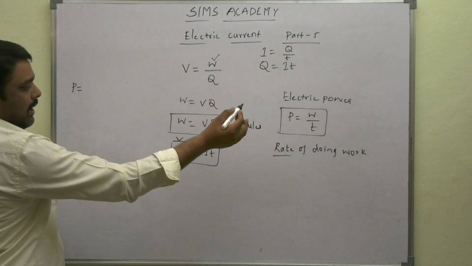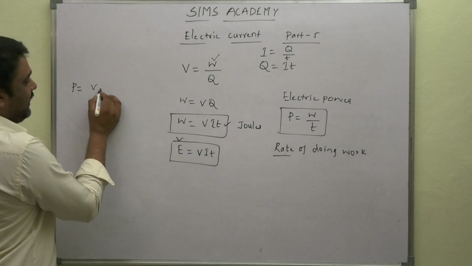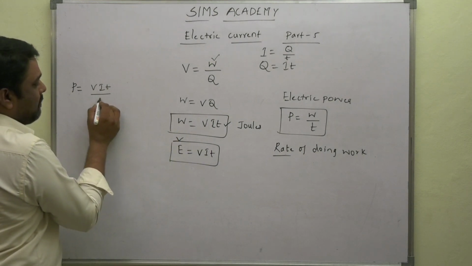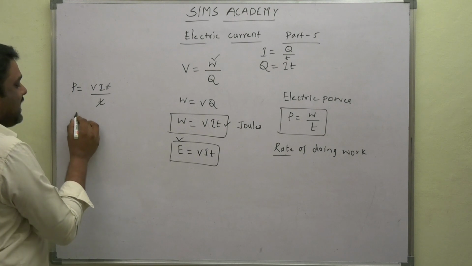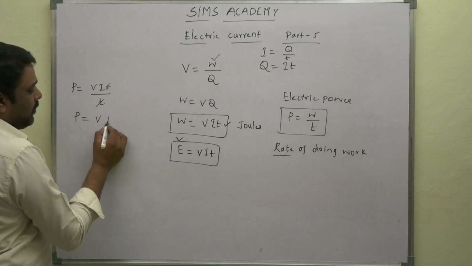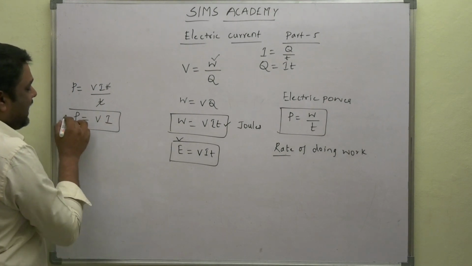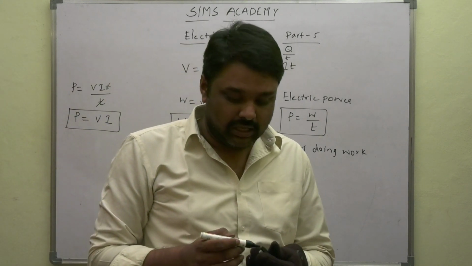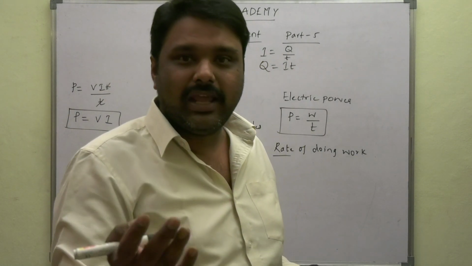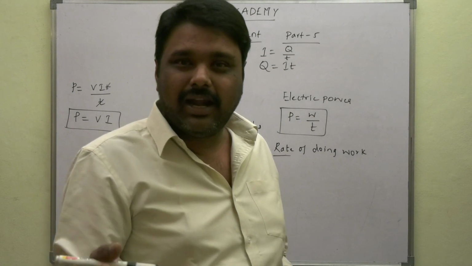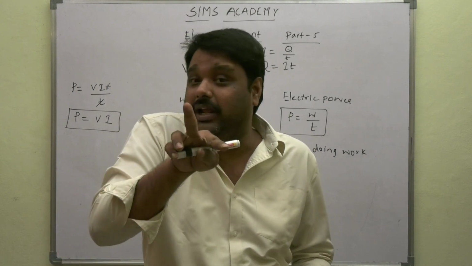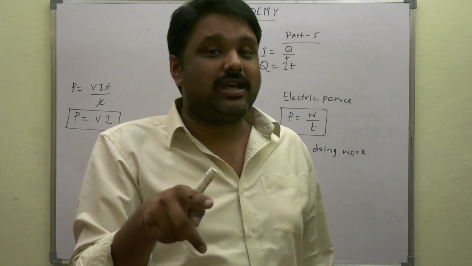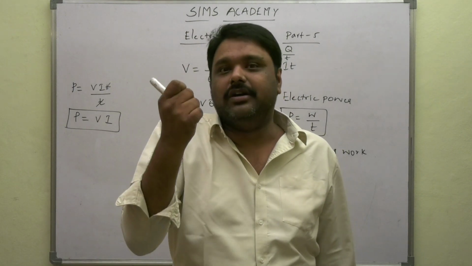P equals W, which we just got as VIT, by T. T gets cancelled. Finally, we obtain the formula of electric power as V into I. V is voltage and I is current. The product of voltage and current gives us the electric power.